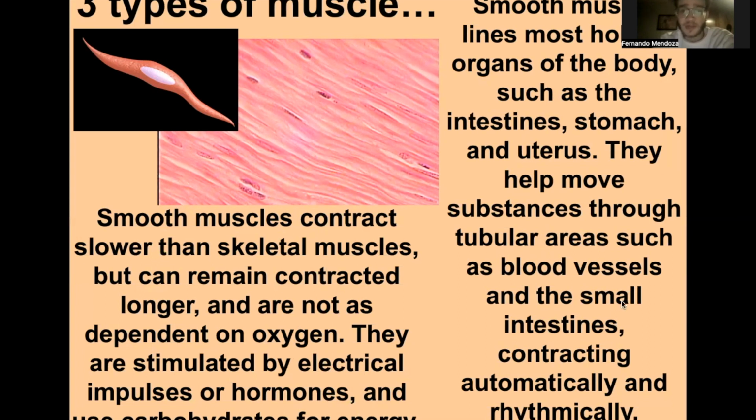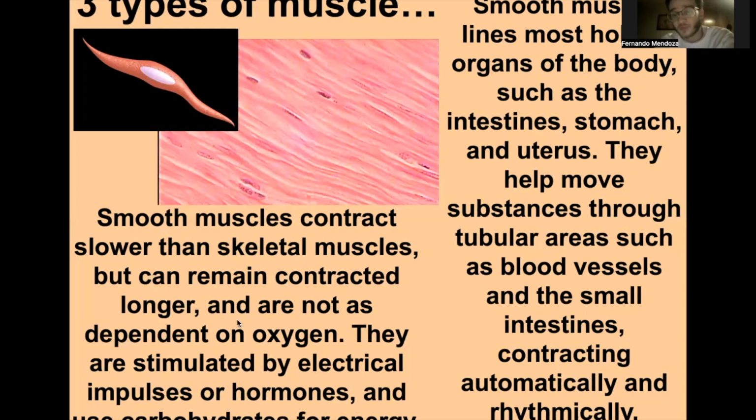The smooth muscle lines most hollow organs of the body, such as the intestines, the stomach, and the uterus, like we have seen on the image of the previous slide, that the stomach has this type of muscle fibers, and they help move substances through the tubular areas, such as blood vessels and the small intestines, contracting automatically and rhythmically.